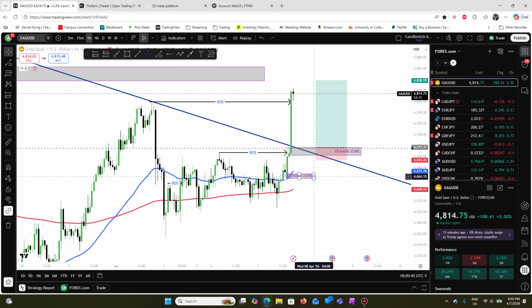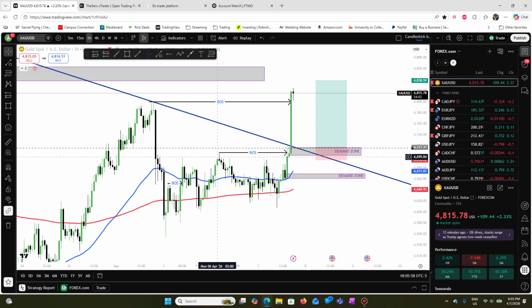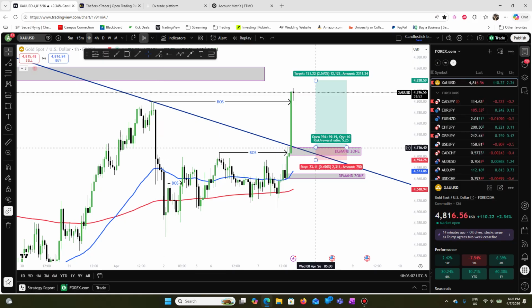The market can still come and test this zone, but it's now a lower probability zone, because this new zone is at the break of the trend line, which can be retested. And also it's at this level of resistance, which has now turned into support, which can also be retested.